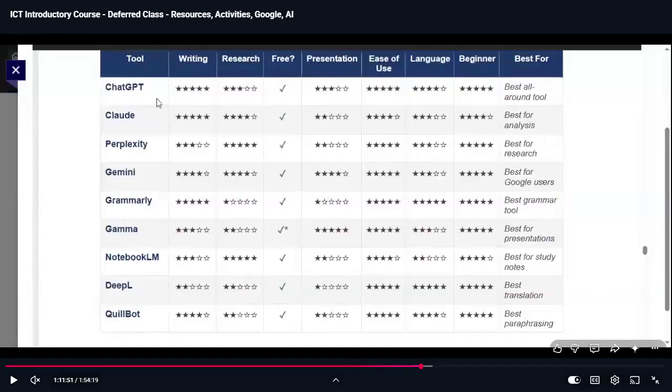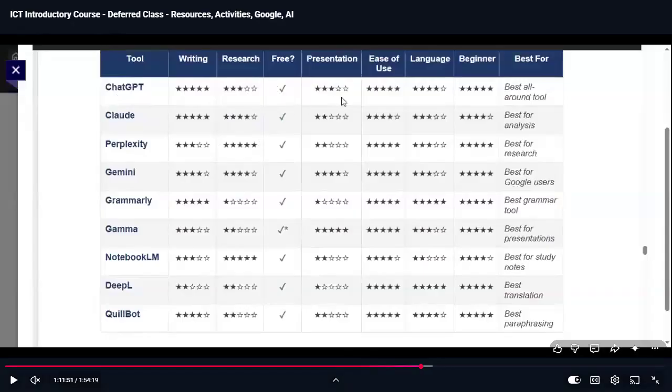Okay, because there's a table over there that explains what their skills are, what skills I can see in every AI tool. For writing, it's 5 star, but not as good for research as, for example, Perplexity. It's the best for doing research. And for example, it's free. Yes, it's free.